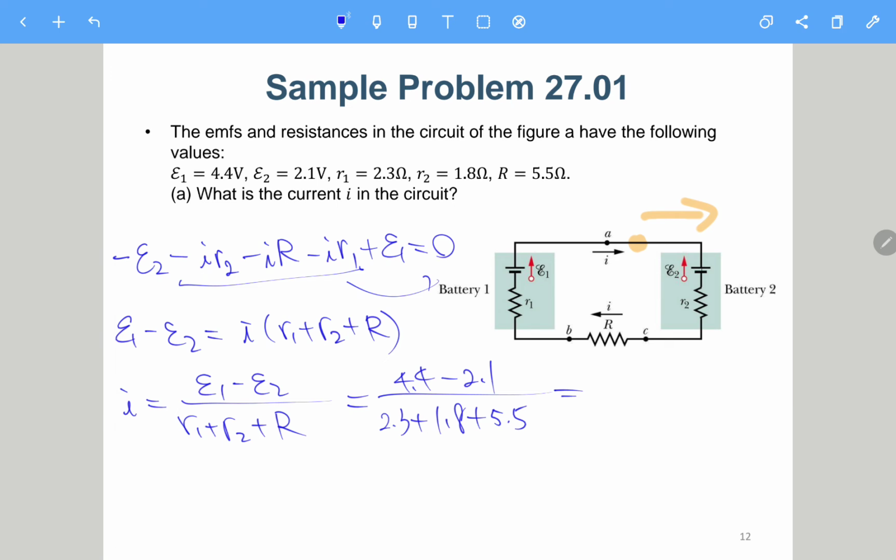So this is nothing but 0.2408. So far, any questions?